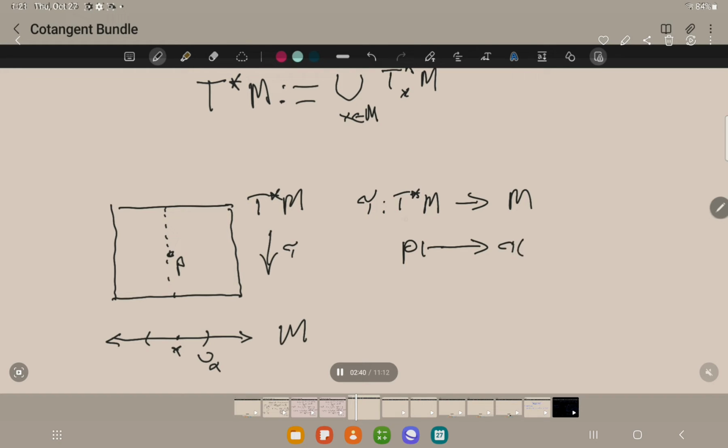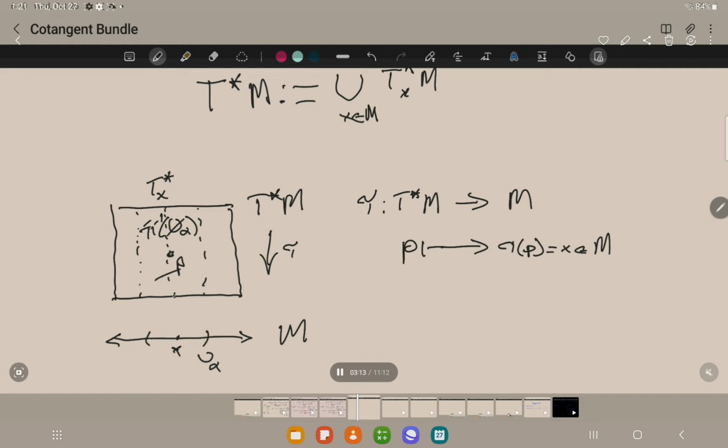I just map everything to M. So P gets mapped to tau of P, which is equal to X. Now if I take the inverse projection of tau of this open set U alpha, then tau to the -1 of U alpha would be this portion.